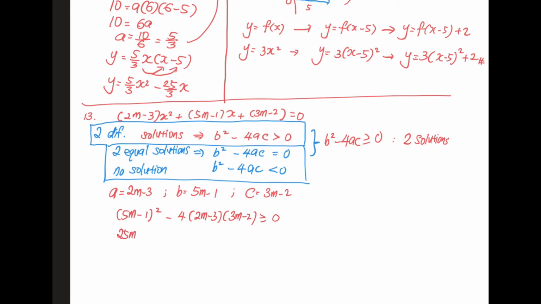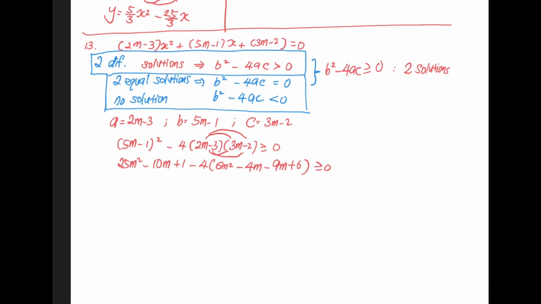So we expand this. We get 25m squared minus 10m plus 1, minus 4. This one we expand these two brackets first: 6m squared minus 4m minus 9m plus 6, more than or equal to 0.